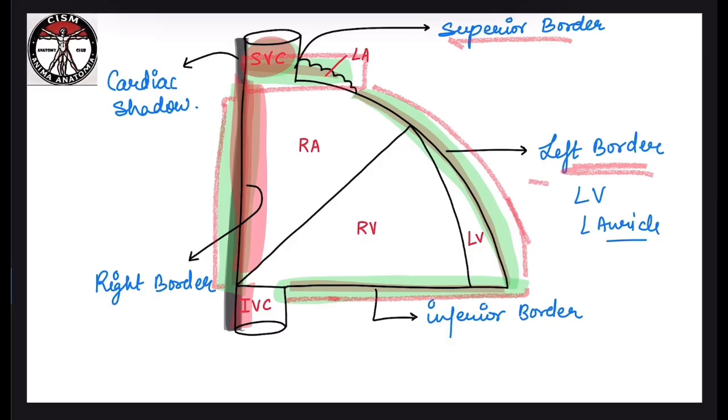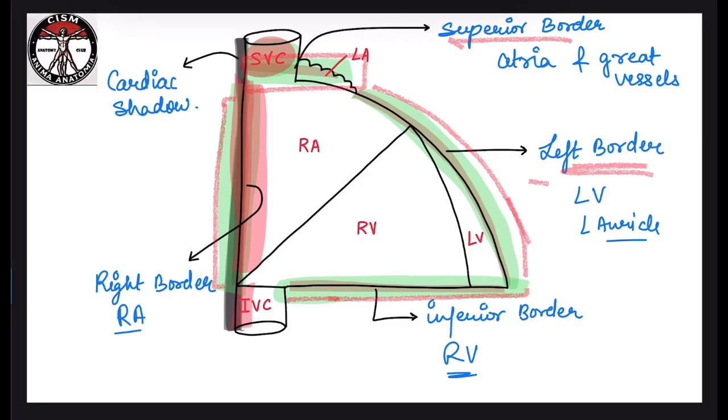The superior border is formed by the atria and the great vessels, whereas the inferior border is mainly the right ventricle, and the right border is mainly the right atrium.